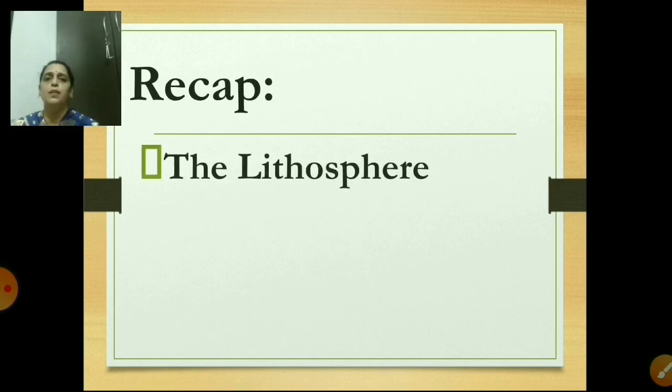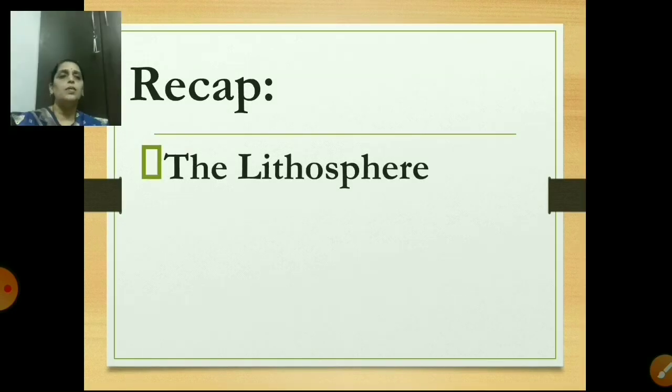We have done the lithosphere. Lithosphere means land, crust, rocks, then soil, and 1/3 part of Earth's surface is land. In lithosphere we have seen 7 continents. Which were they?